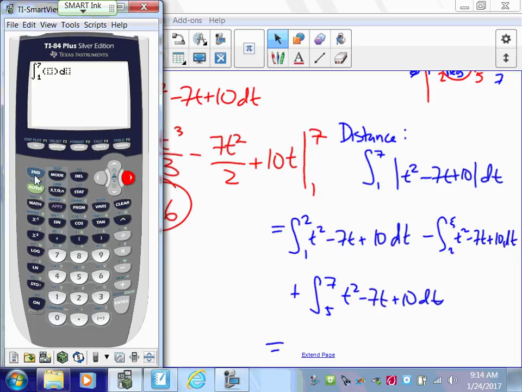And then second catalog, absolute value of x squared minus 7x plus 10, and then dx. I don't know.